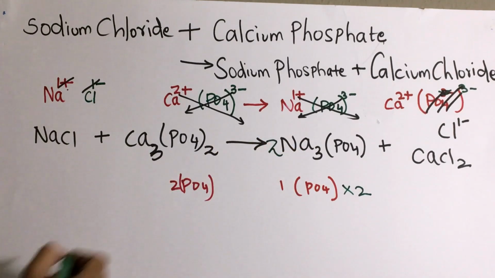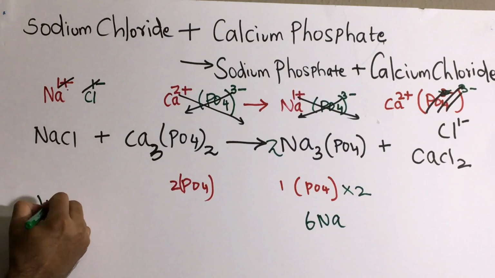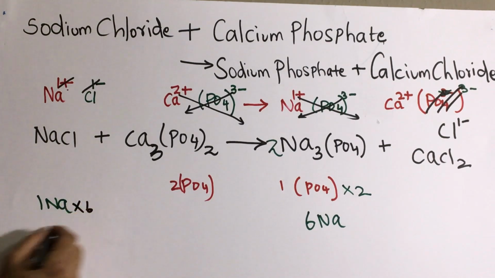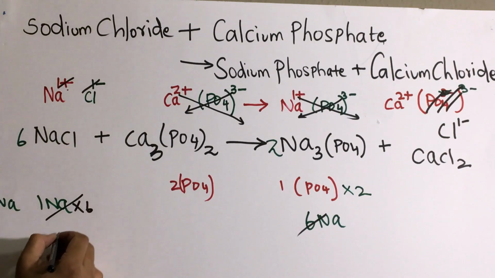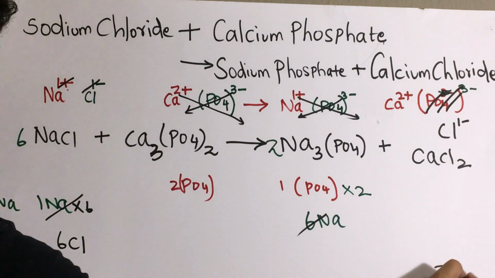So that makes it now, we have 6 sodiums and we have 1 sodium. How do we go from a 1 to a 6? We just simply multiply by 6. So we now have 6 sodium on this side as well. So we put 6 here. What have we done effectively in the process? We now have 6 Cl and we have only 2 Cls.